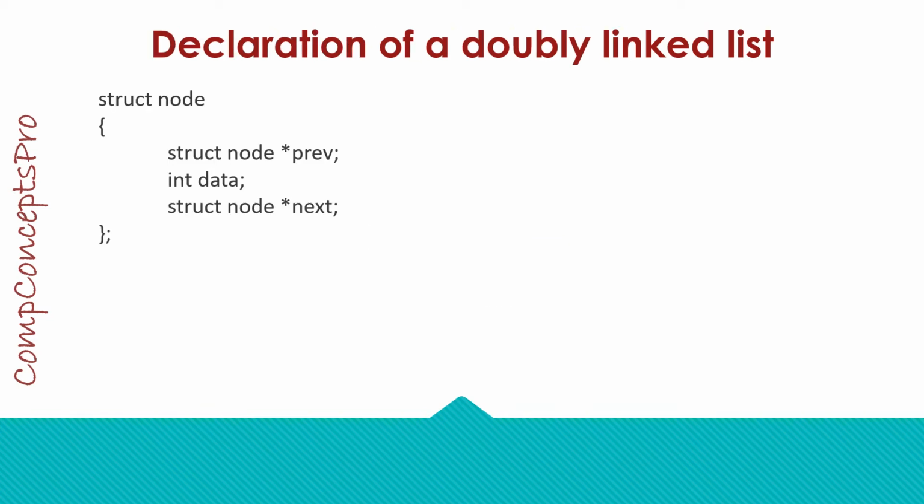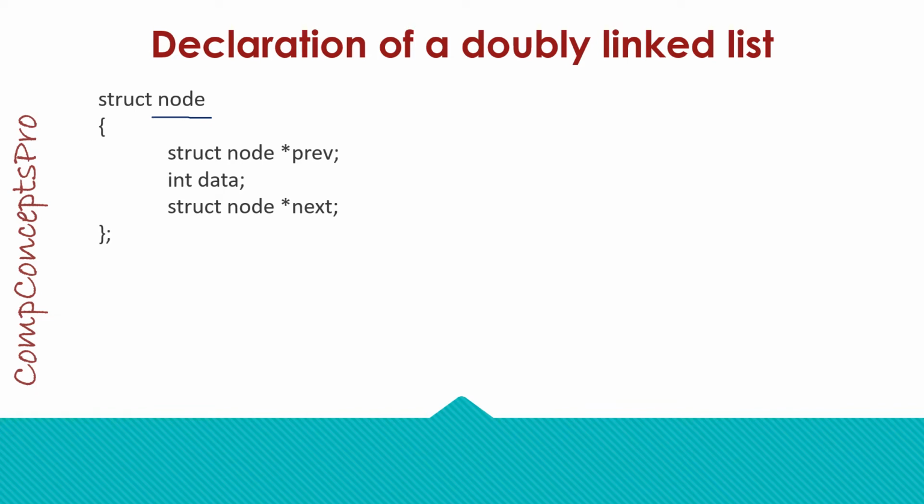So programmatically, we can declare a node of doubly linked list like this. Same as singly linked list, this is also a structure. We generally give the name node to this structure because it is going to represent a single node of the linked list. Then inside this structure, we declare 3 fields.